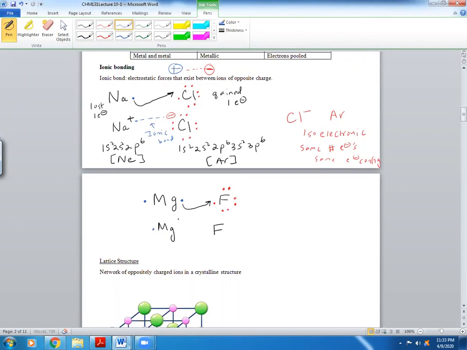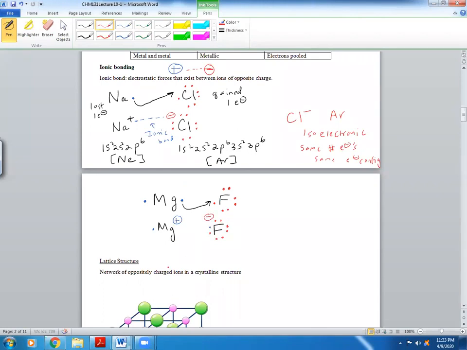So what is the charge? If it lost 1, it's going to be a positive. And this one becomes a negative. I'm using different colors to show you where it came from, but they're still electrons. So this is a negative.